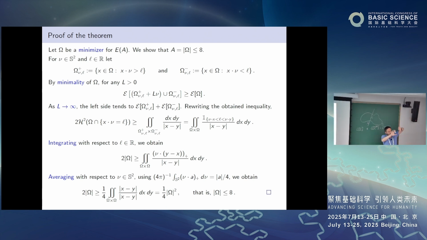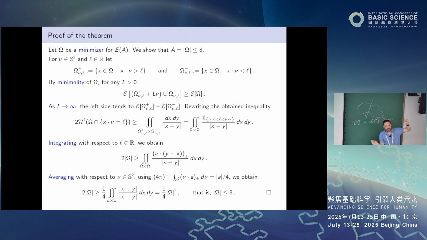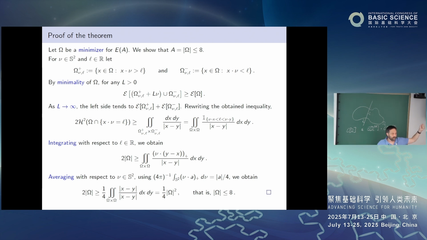And now if I move the 2 things apart, you see what happens is that the interaction between the left and the right, which are very far apart, is negligible as I move them to infinity. Okay, so I have this inequality between the energies of the original set and the 2 pieces that I've cut out. All right, so let's look at how this reads. What is the change that happened?